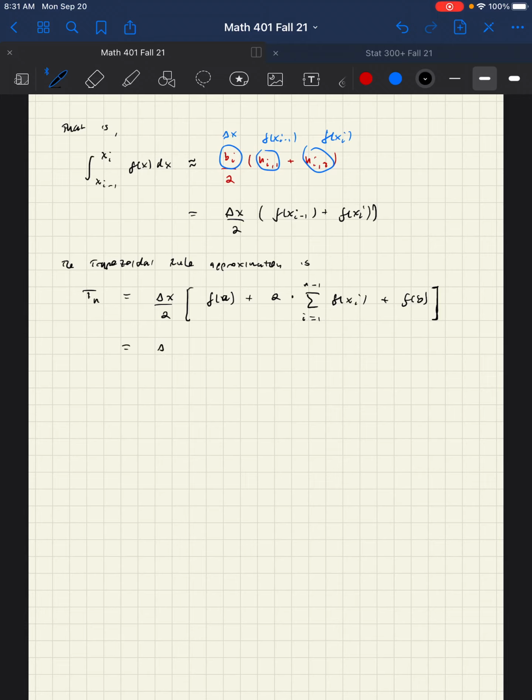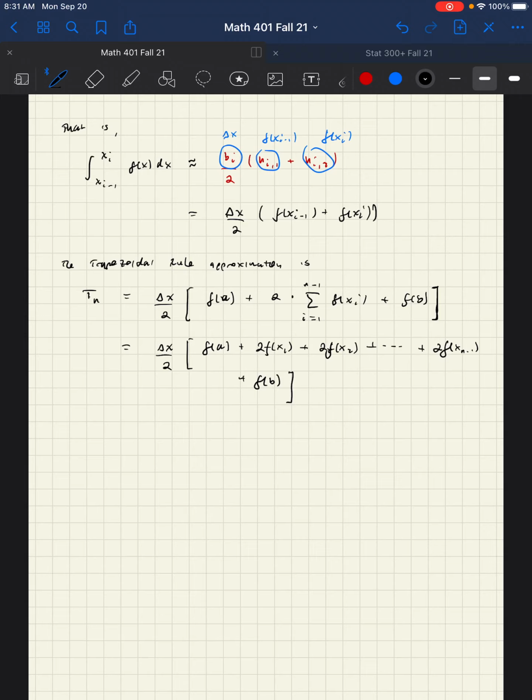And then if you write that out longways, all that means is all the middle function values get a factor of 2 out front. So that's f of a plus 2 f of x sub 1 plus 2 f of x sub 2, and so on until you get to 2 f of x sub n minus 1 plus f of b. And that's it. That's your approximation. So it's not actually that complicated.